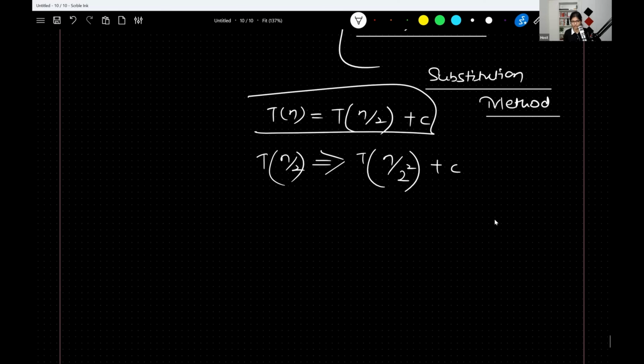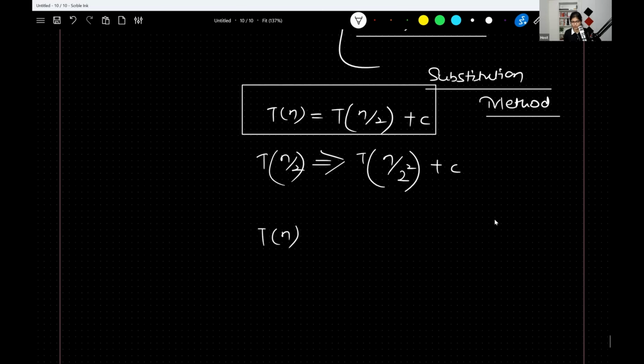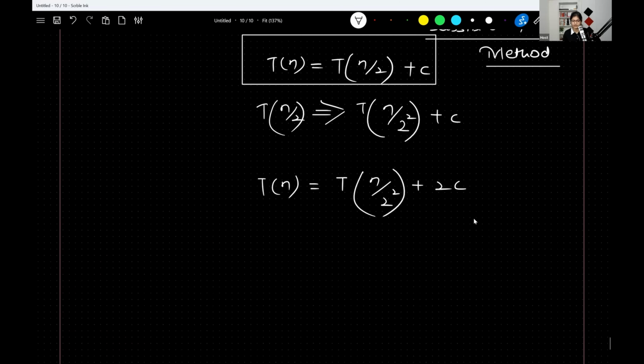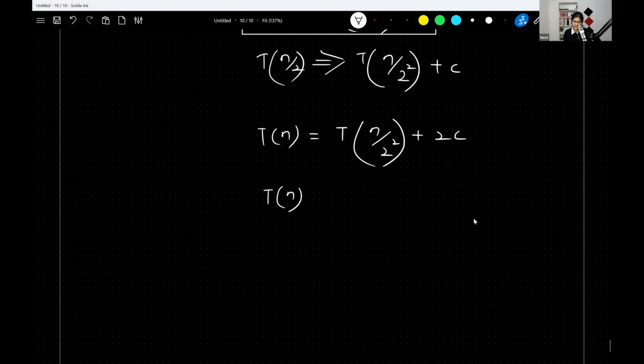So in this equation, T of n is equal to T of n by 2 to the power 2 plus c, and the other c is also there. So both together will form 2c. Can I say, everyone? Perfect. Now T of n by 2 to the power 2 can be written as T of n by 2 to the power 3 plus 3c.